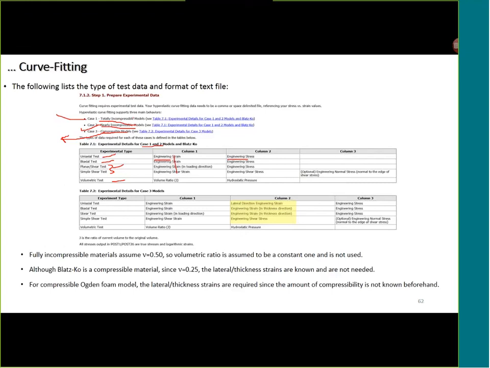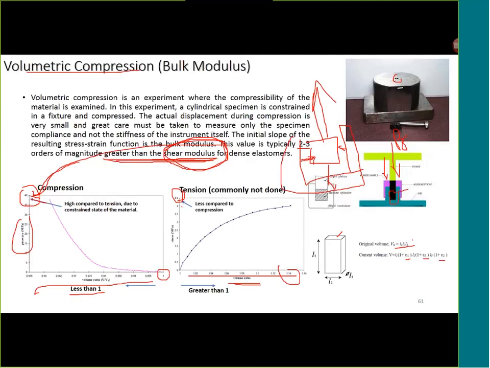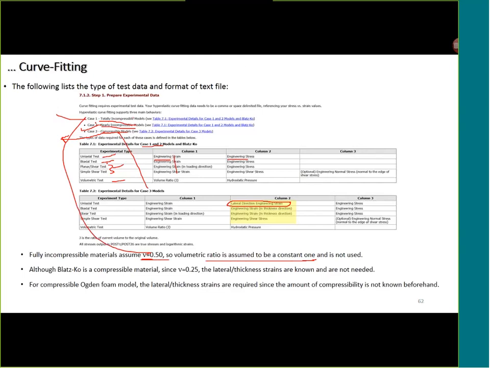Only for case 3, which is a compressible model, we need to provide lateral strain as an additional input. For either purely incompressible or nearly incompressible material models, the lateral strain is not required as an input. When the Poisson ratio is assumed as 0.5 in case 1, the volumetric ratio is assumed as constant 1, and we don't need this data.